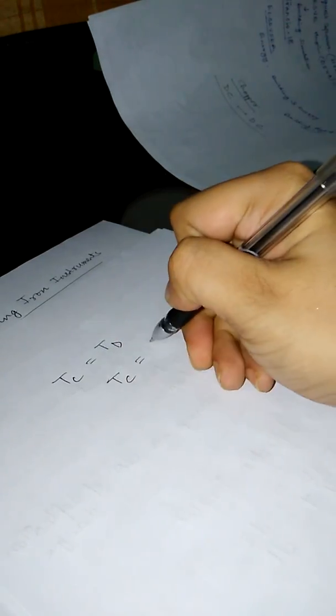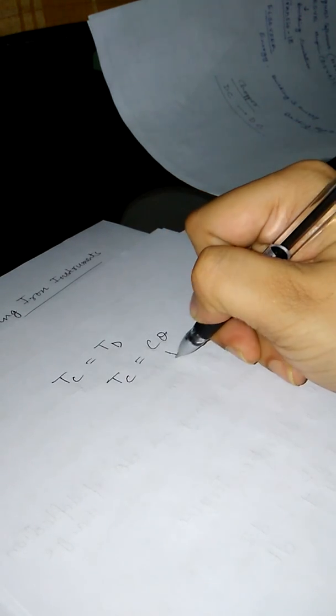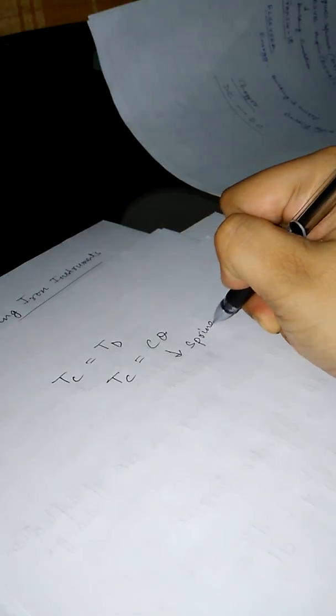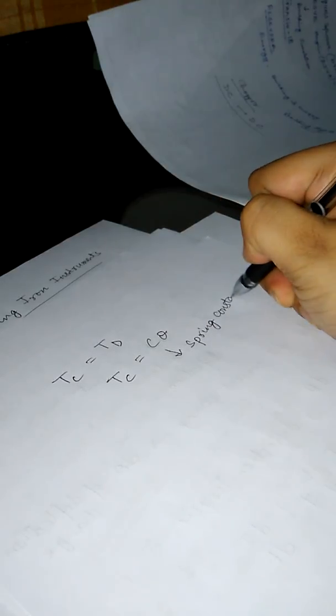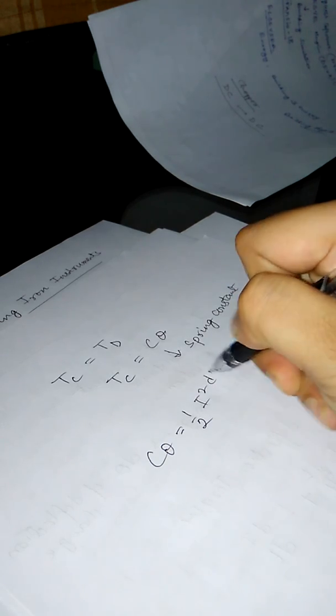Tc equals C theta, where theta is the amount of deflection and C is the spring constant, which is dependent on the materials used for the spring. So C theta equals half I square dL by d theta. That means theta equals half I square by C into dL by d theta.